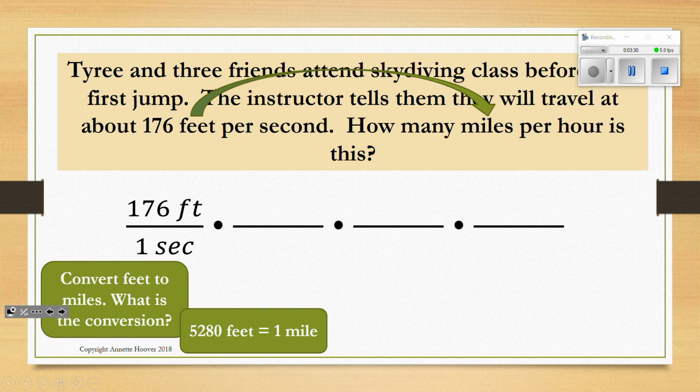So we are going to take this conversion that we know. One of these goes on the top, the other one goes on the bottom, and to decide it, remember we have to do opposites so they will cancel out. If we look back at our original one, we have feet on top, so we know that the feet has to go on the bottom. And that part of the conversion was 5,280 feet. So that goes on the bottom.